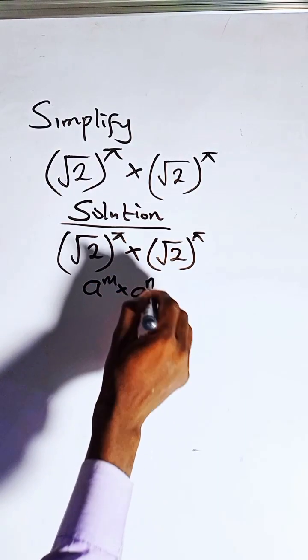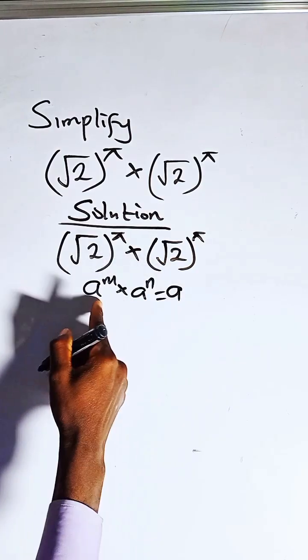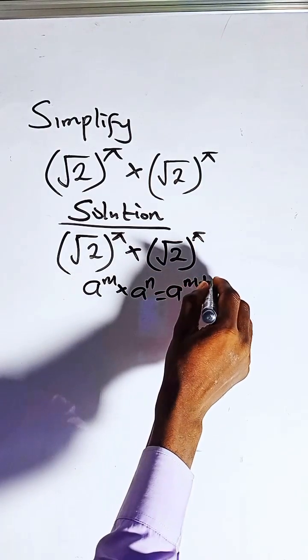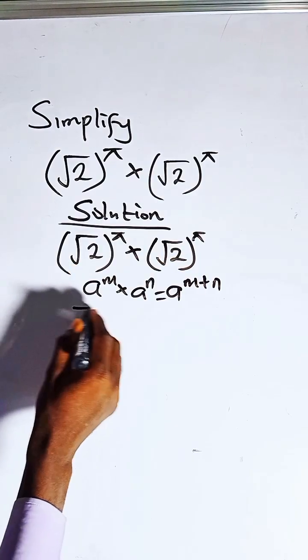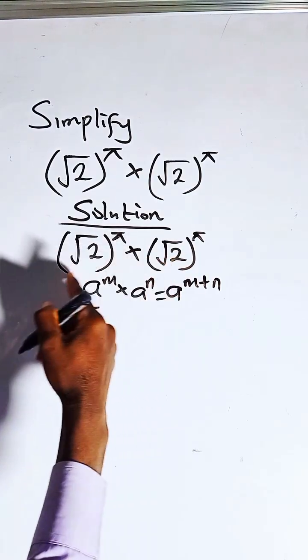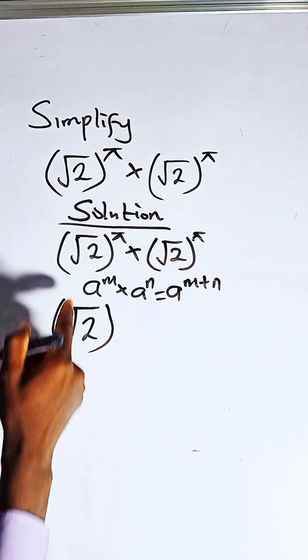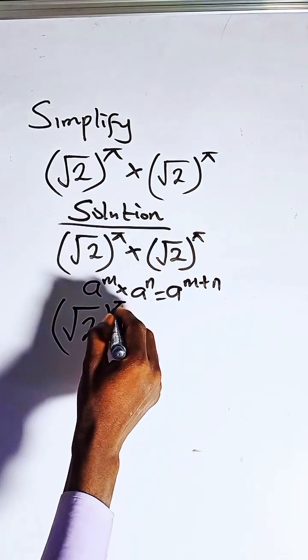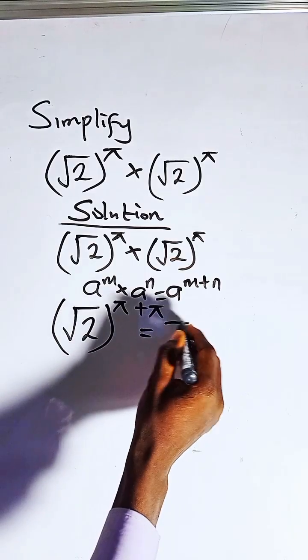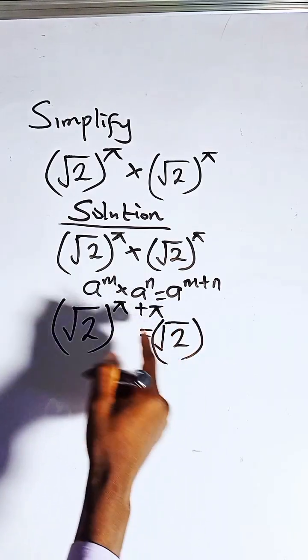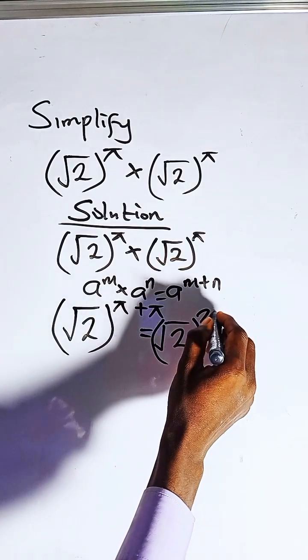When we are multiplying the same base, we pick out one of the bases and add up the exponents. So we have root 2, since it's the same base, and we pick out one. Then we add the exponents. So we have root 2 raised to the power pi plus pi, which is 2 pi.